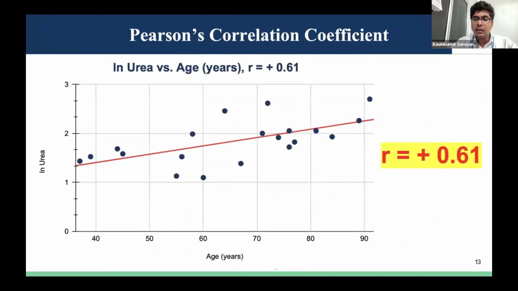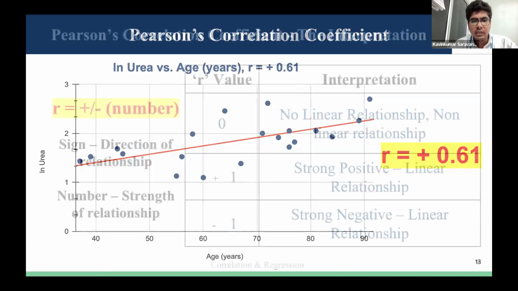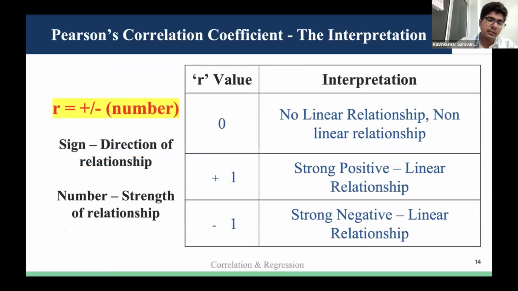This is the idea. So now we are going to interpret this correlation coefficient, that is R equal to plus 0.61. In this R, there is a sign, plus or minus, followed by a number. It ranges from minus 1 to plus 1. So there will be a sign and a number.